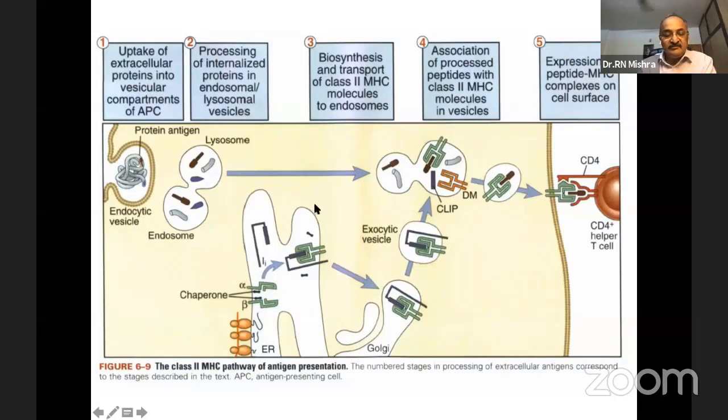When they are digested, at the same time the class 2 molecules have a molecule called CLIP sitting on it. This CLIP molecule is dislodged by a molecule called DM.